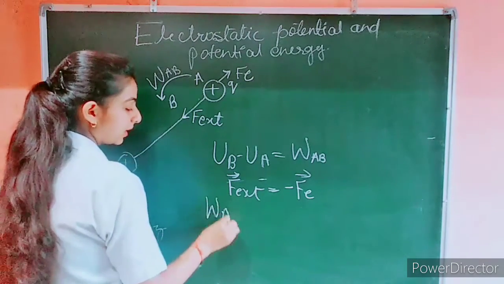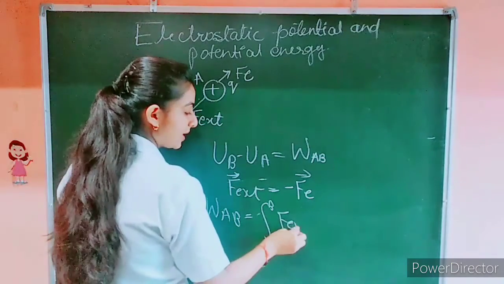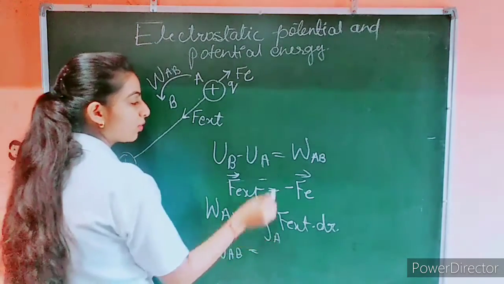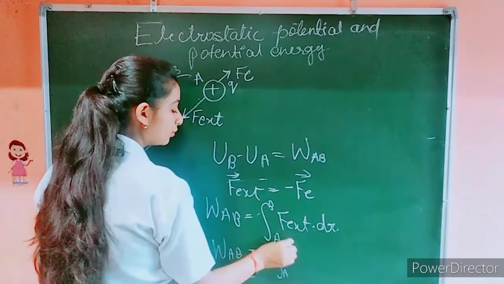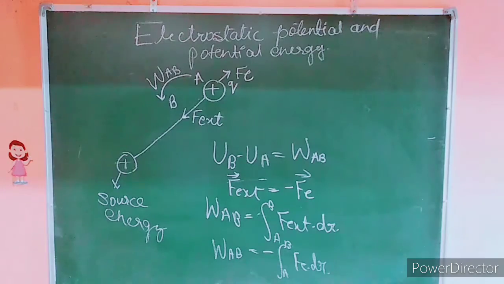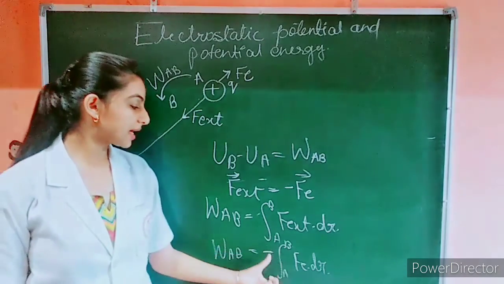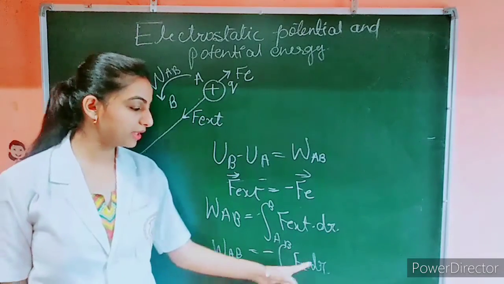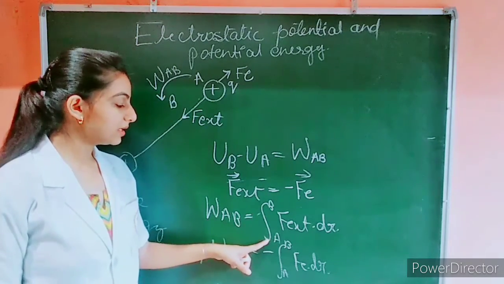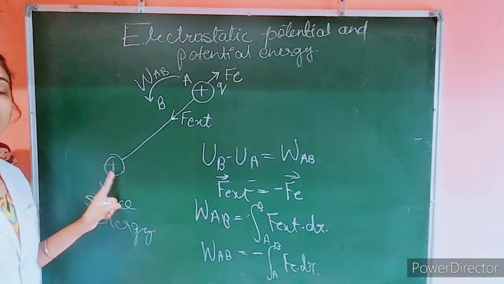Now the work done is the integral from A to B of F external dr. So in terms of electrostatic force we can write minus the integral from A to B of Fe dr. That is the electrostatic force which we have taken, minus the integration A to B of Fe dr. When we apply the external force, the work done from A to B will be the integration of A to B of F external into dr.